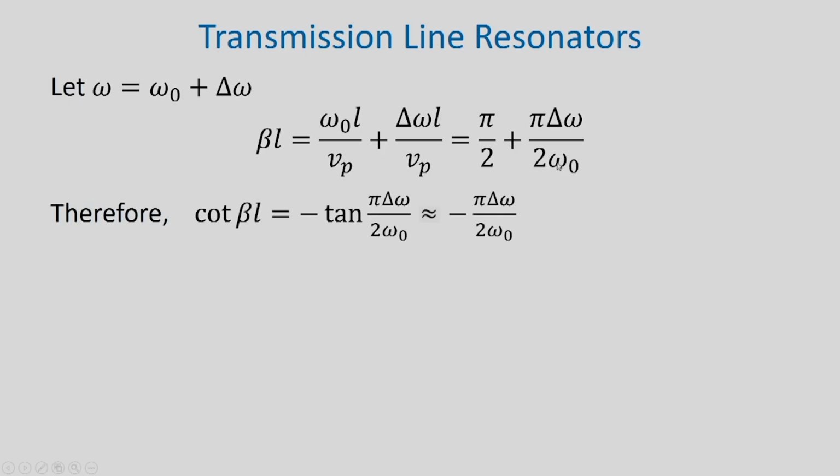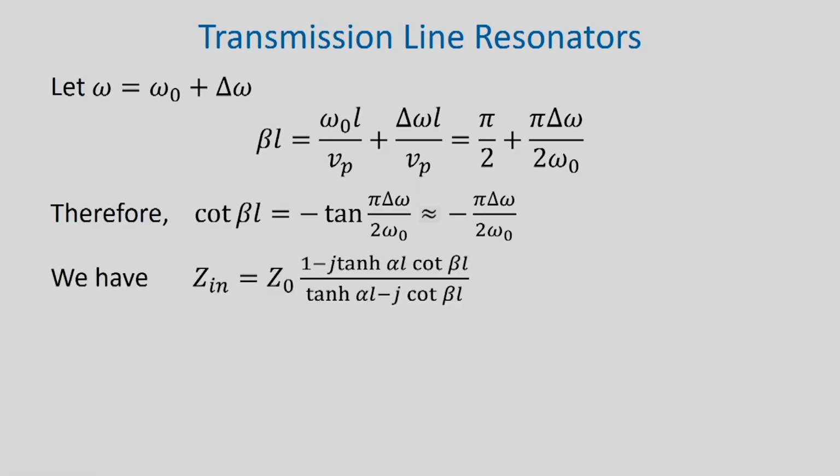Once again, since we are assuming delta omega to be small compared to omega naught, we can write tan of pi delta omega by 2 omega naught to be approximately equal to pi delta omega divided by 2 omega naught.